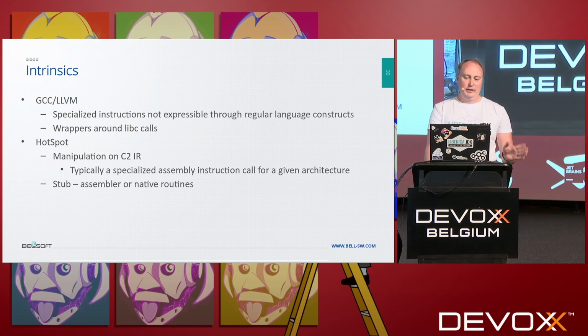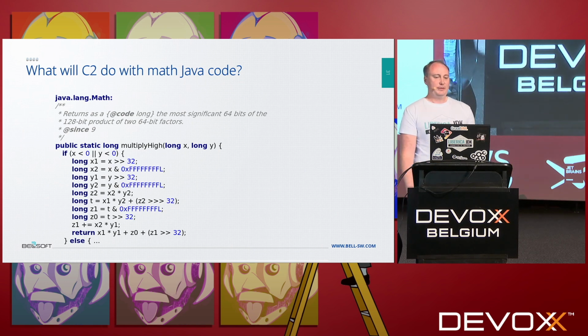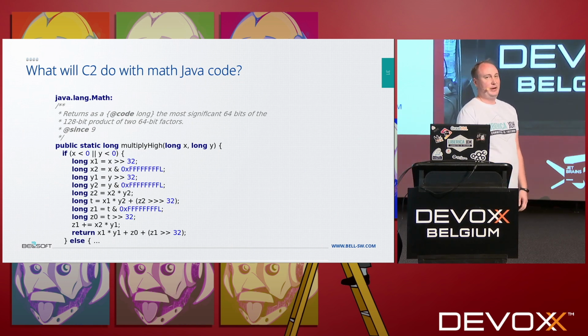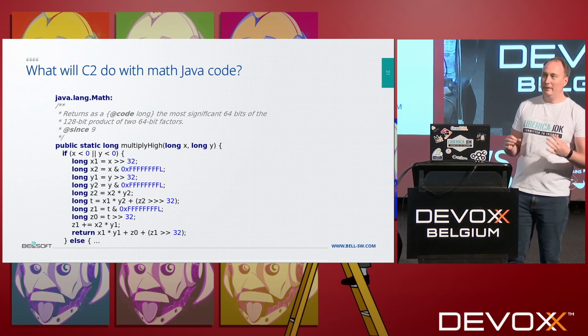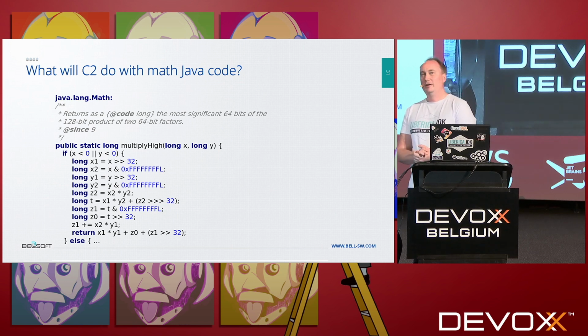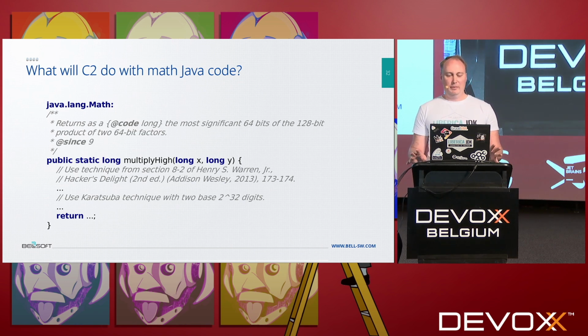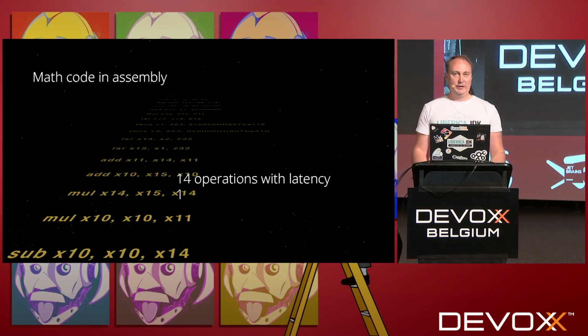So let's look at an example. Here is a Java function that does a very important piece of math logic. We multiply two long numbers and get the higher part of that multiplication. It may be implemented using very smart math, just using a proper algorithm. And then C2 does a good job.